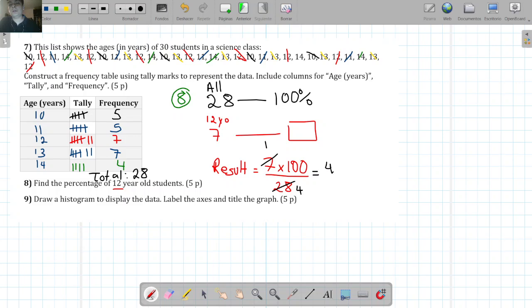We just have 100 divided by 4, which is 25%. That is the answer to number 8. 25% are 12 years old. So this is going to be the first part of the video. I don't want to make it that long, and we are going to continue with the second one.